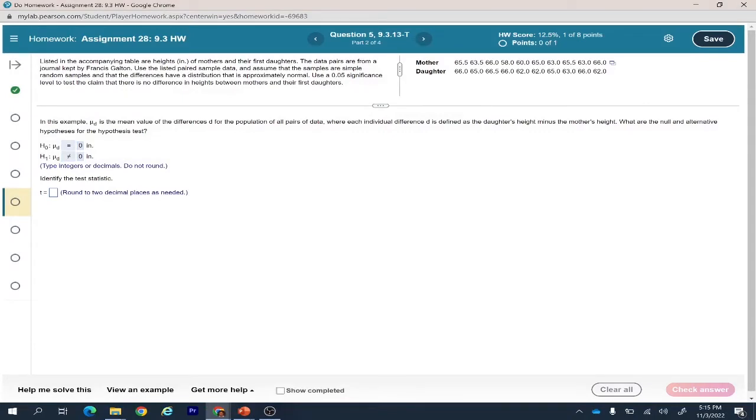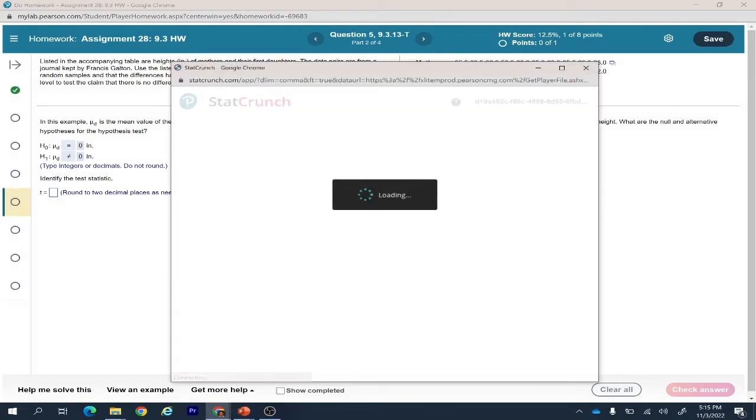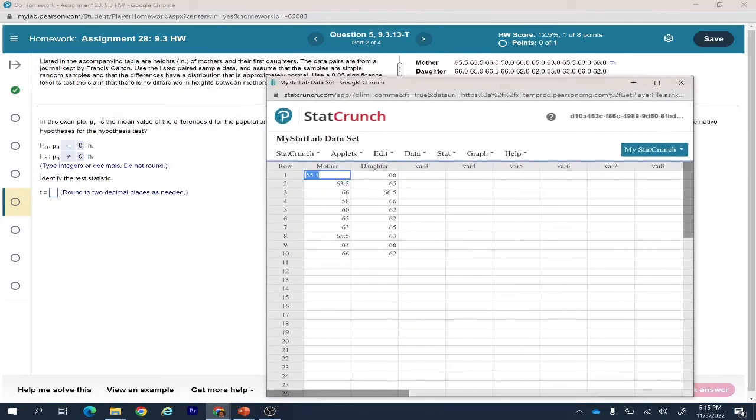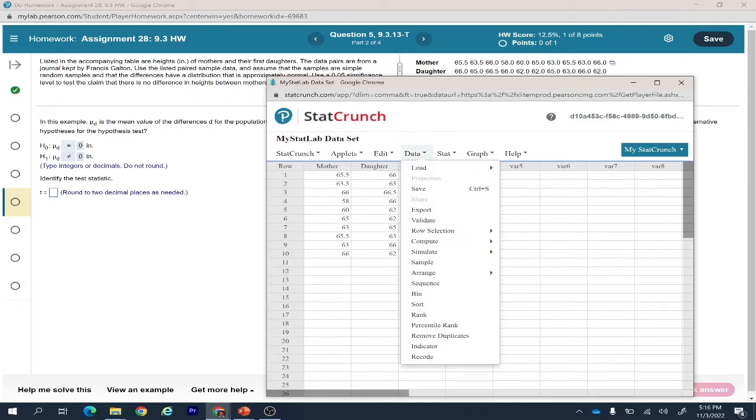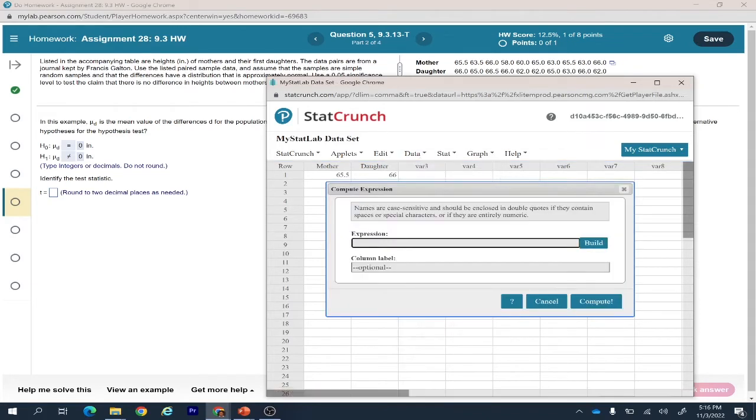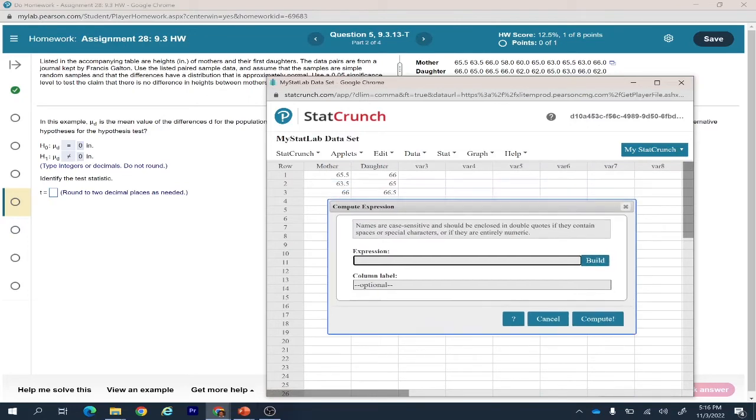So what is the t-value? How do you find the t-value? Just click here, copy your data into StatCrunch, and first of all, remember we're trying to find the t-value, the test statistic for the difference data. So first of all, we need to find the difference between these two values. And remember, the way we are finding the difference is daughter minus mother. So when you go to Data, there is Compute, and then click Expression, that will build the difference between these two values.